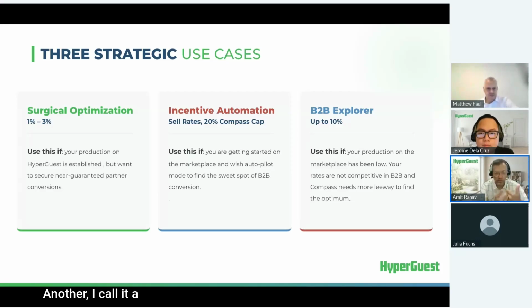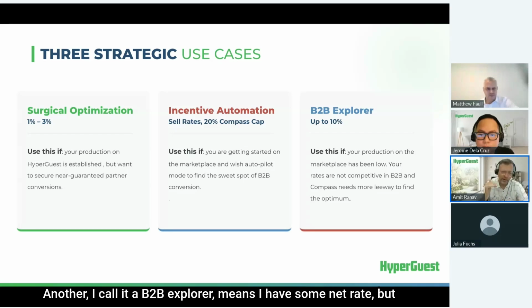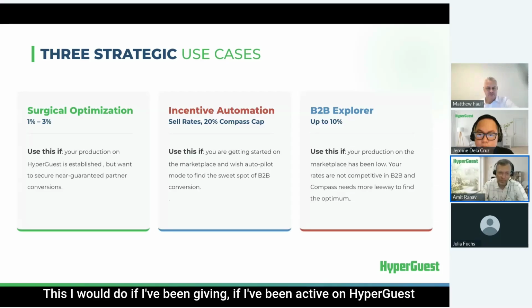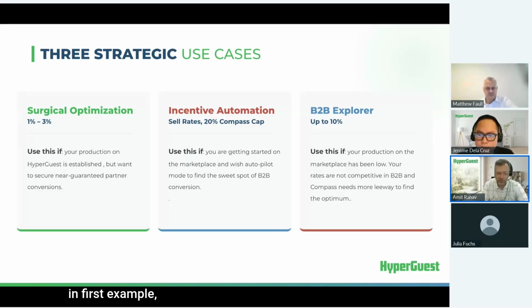Another one I call the B2B Explorer. I have some net rate, but I'm not aware of what happens to my product in the B2B landscape, where in reality, if I add 6 more percentage points, I'm going to the zone that is actually converting and making the most money for me as a hotel. So I give it a medium-sized leeway. I would do this if I've been active on HyperGuest with my net rates and they are not converting satisfactorily as in the first example.